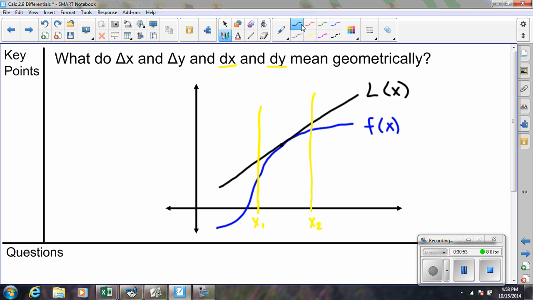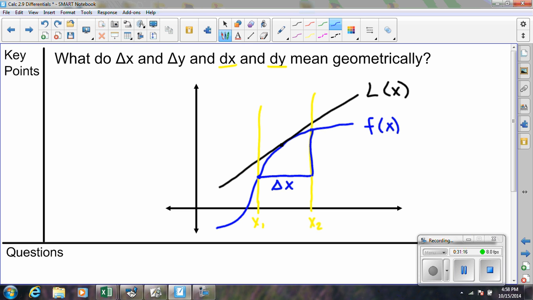Within those, we could look at it and say, for our function, we could have rise and run, and where those 2 points are crossing, we have rise and run. The run is actually delta x.